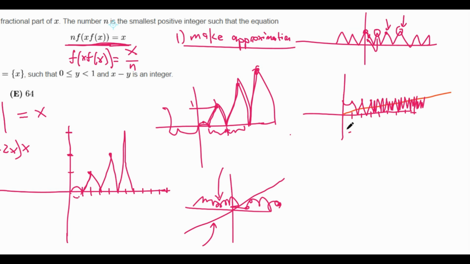So if we record how many oscillations we have here, we have 0, we go down once and go up once, so that's 2, and go down once, go up once, that's 2, go down twice, go up twice, that's 4, 4, 6, 6, 8, 8, and so on like that. And this number is also the number of intersections of x over n with f of x.